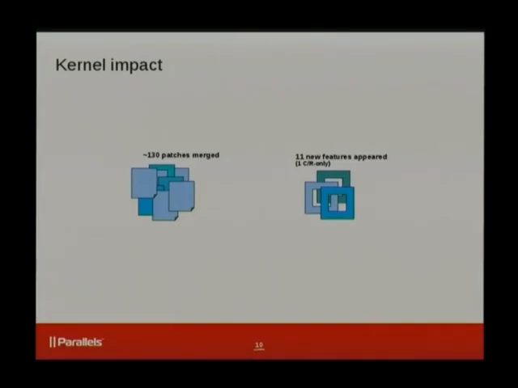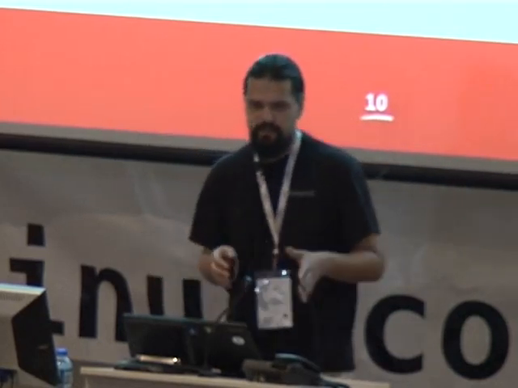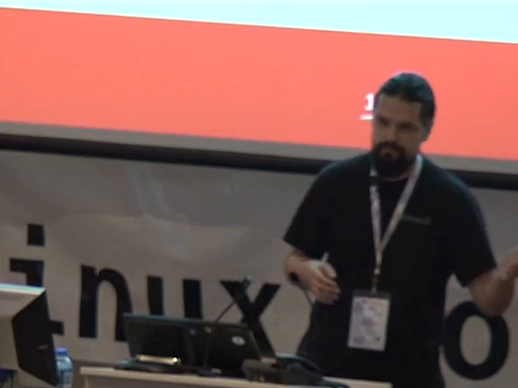And what is very important is that only one of these features was submitted by us for checkpoint restore purposes only, which means that when submitting it, we had no idea how to use this particular feature outside of the checkpoint restore project. All the other features are project independent. They can be used by other tools, other projects for other purposes.